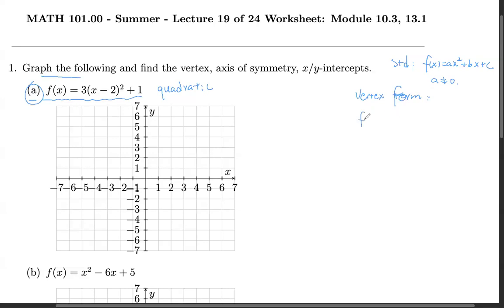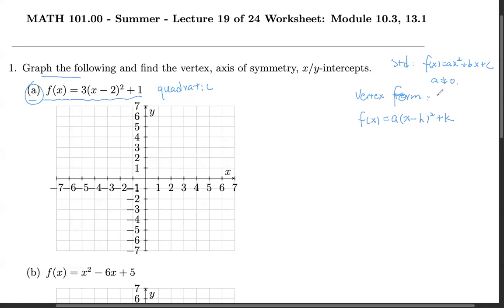The vertex form is f of x equals a times x minus h squared plus k.